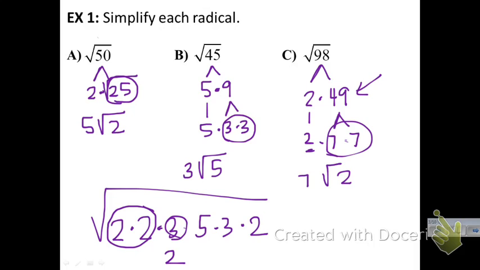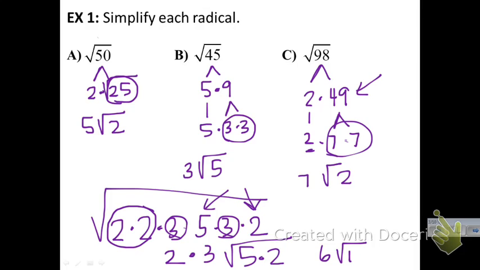Then we have two 3s. So we would take those out, and because there's already a 2 out here, we multiply whatever we bring out of the radical. And then we have this 5 and this 2. They are not listed twice, so they would be left alone in the radical. And then from here, to simplify that, you would multiply the 2 and the 3 to get 6, and the 5 and 2 to get 10, and then that would be simplified.